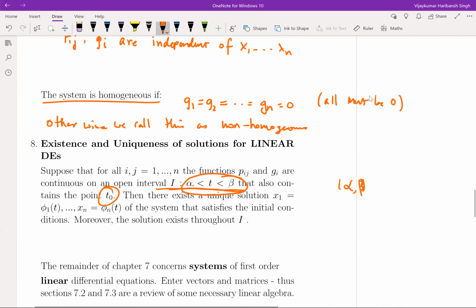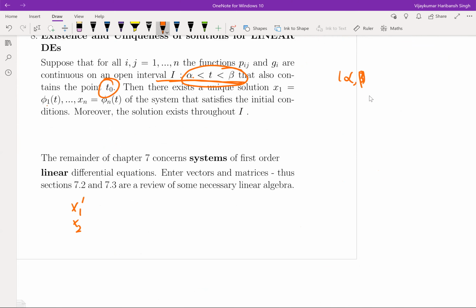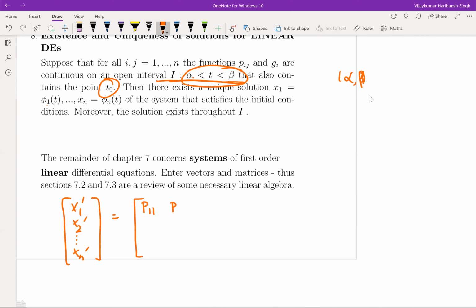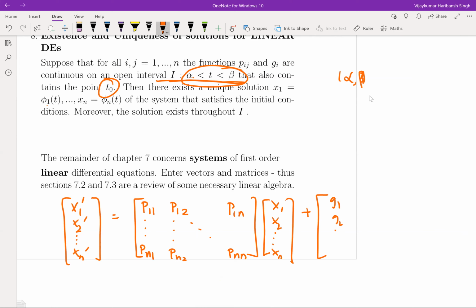Now, let's see, this system can be written in a slightly different way. I can write it as x1 prime, x2 prime, dot dot dot, xn prime equals a matrix with entries P11, P12, up to P1n, down to Pn1, Pn2, up to Pnn, multiplied by x1, x2, xn, plus g1, g2, gn.